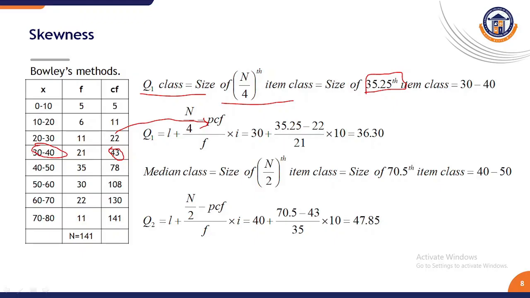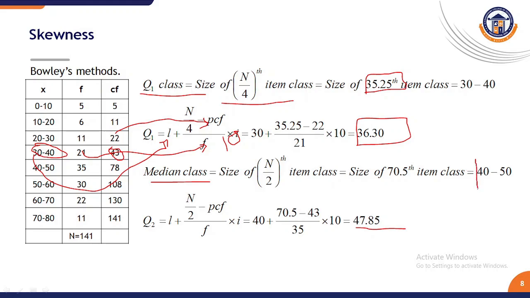Q1 class interval is 30 to 40. So then 30 is the lowest value L. Its corresponding frequency is f. Class interval is 10. So after substituting all these values in the Q1 formula, the Q1 value becomes 36.30. Then find out the median class, and using this median class find out the median value.